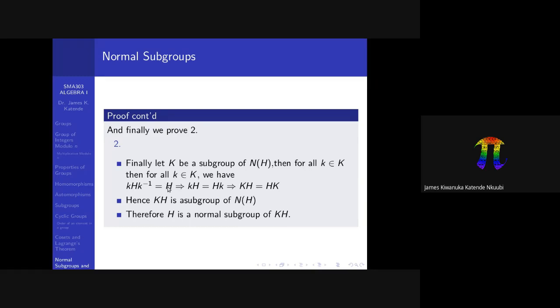If you check for the ones in H, they should work because the elements in H do not change H. This will still be true. And technically all these elements you pick were from the normalizer of H, so they can't be outside the normalizer of H, and therefore they must satisfy this condition for all elements in KH. So that means H is a normal subgroup of KH.